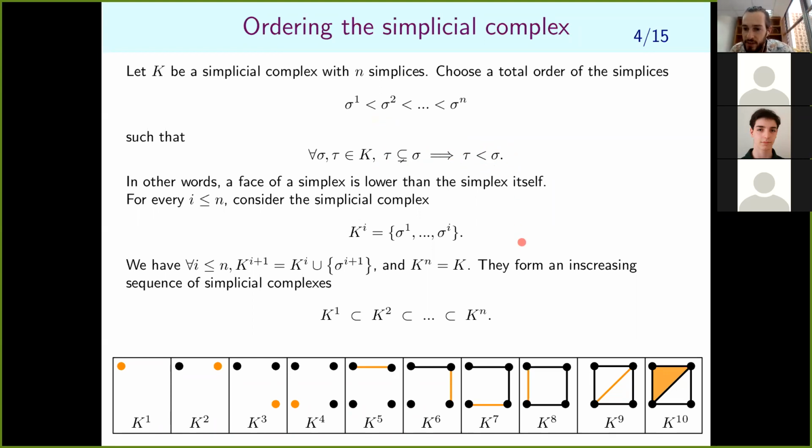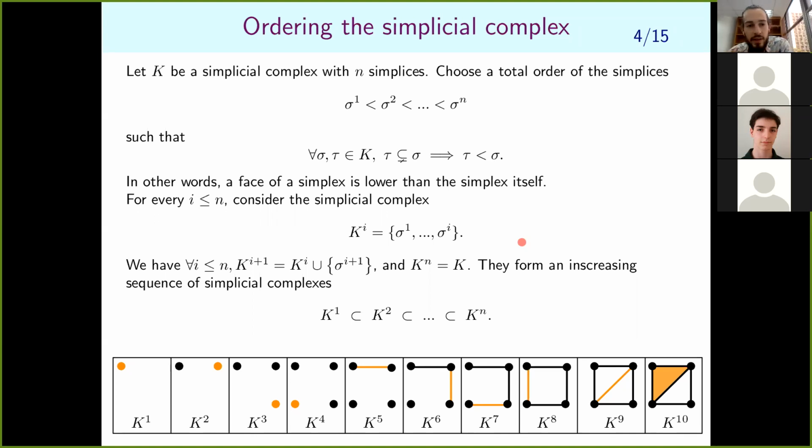Tiago asks, is it easy to show that this total order always exists? This is really easy to show because you can just say you first add all the zero simplices. There is no problem. Then you add all the one simplices, then all the two simplices in the order you want. Yeah, you increase dimensions one by one, and this is a total order.